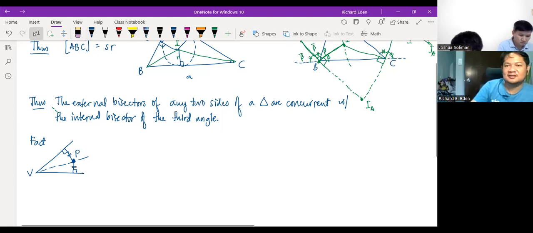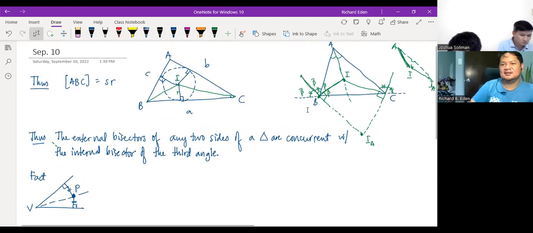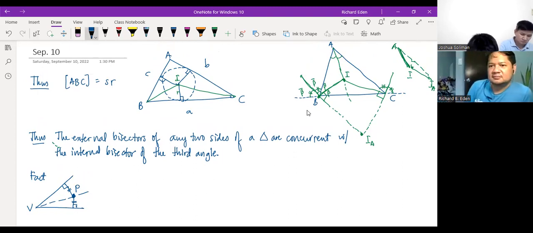So what do we need to prove? We want to show AI is the angle bisector of angle A. A point is on that angle bisector if and only if it is equidistant from the sides of angle A, which are sides AB and AC.